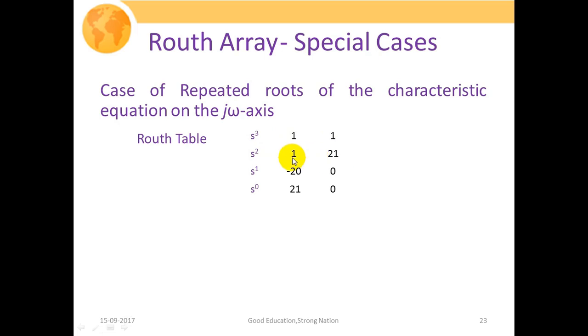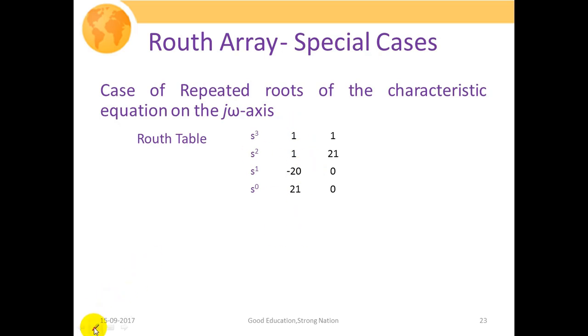So after completing this, 1 into 1 minus 21 into 1 divided by 1, that turns out to be minus 20. Then this one is your 0. Minus 20 into 21 minus 0 divided by minus 20, that turns out to be 21. So this completes the Routh table.